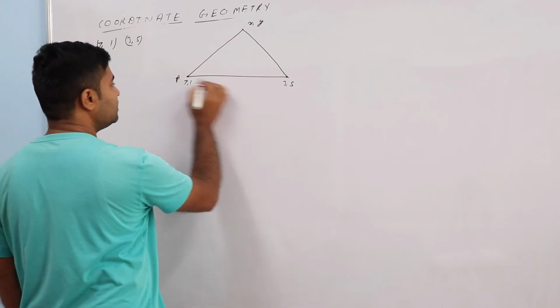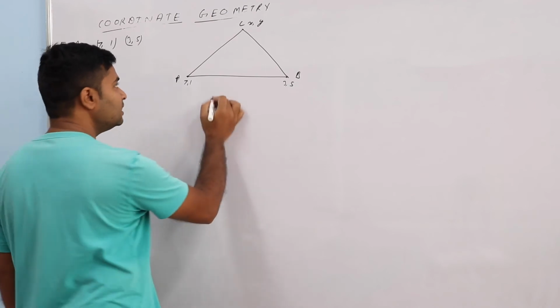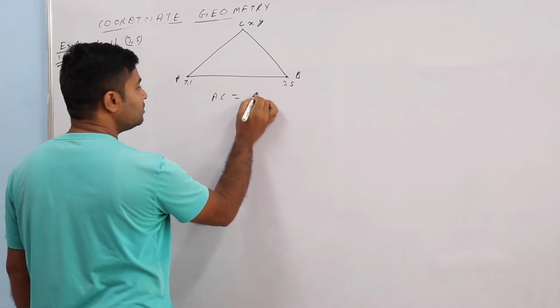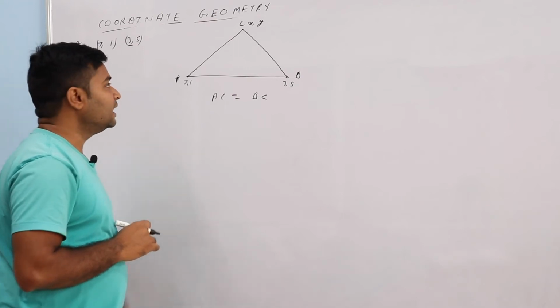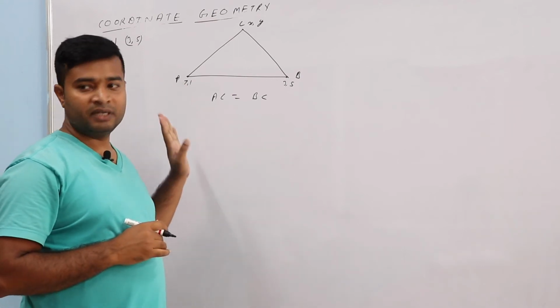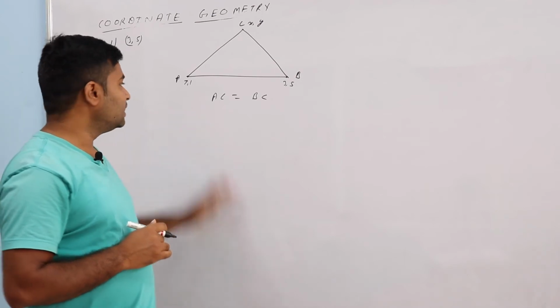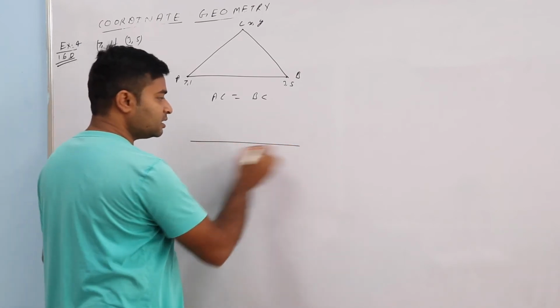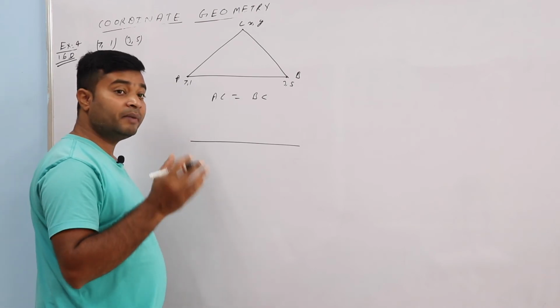If I say this is A, this is B and this is C, then AC is equal to BC. Here in the question they have given equidistant. But if they are saying some line is there and they say perpendicular bisector.